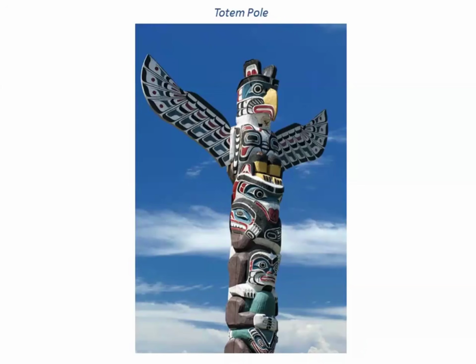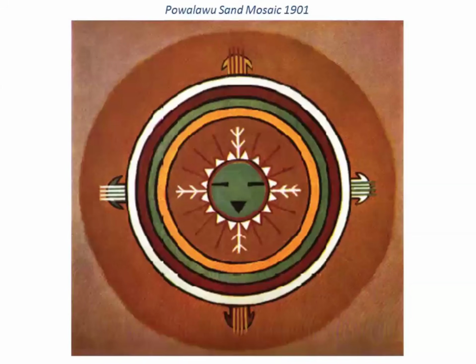So hence the totem poles, but also their sand painting, because this is a celebration of the transience. These wonderful sand paintings would be made over a period of time. Some were quite large. A sand painting was also something that the Tibetans did as well, their mandalas.